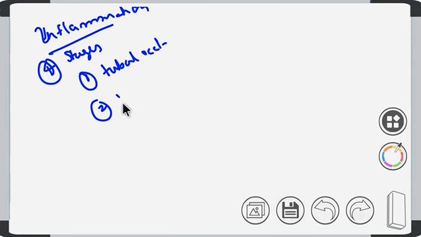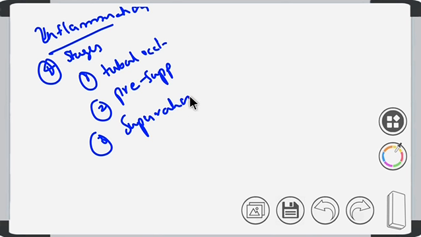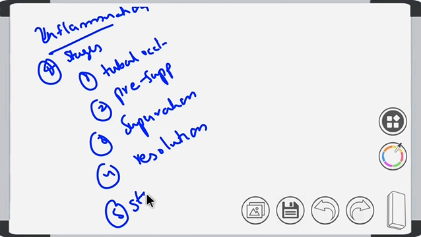Second is the stage of pre-suppuration. Third is the stage of suppuration. Fourth is the stage of resolution, and the last is the stage of complications, if we don't treat it. Let's discuss each one of these stages.